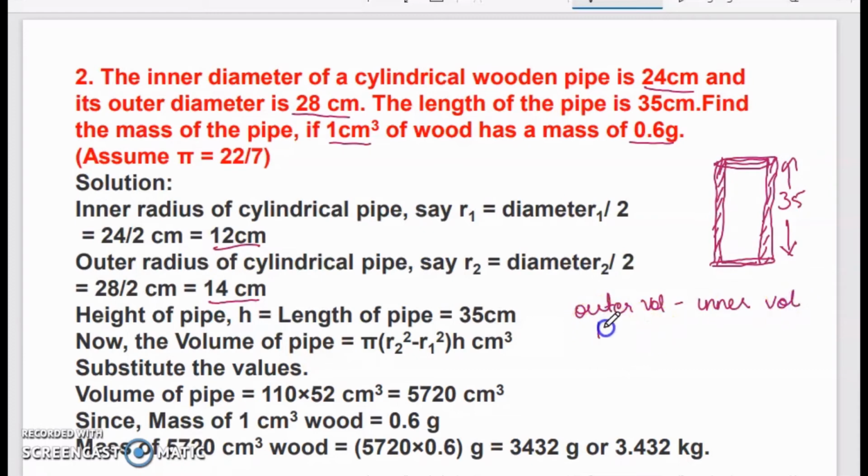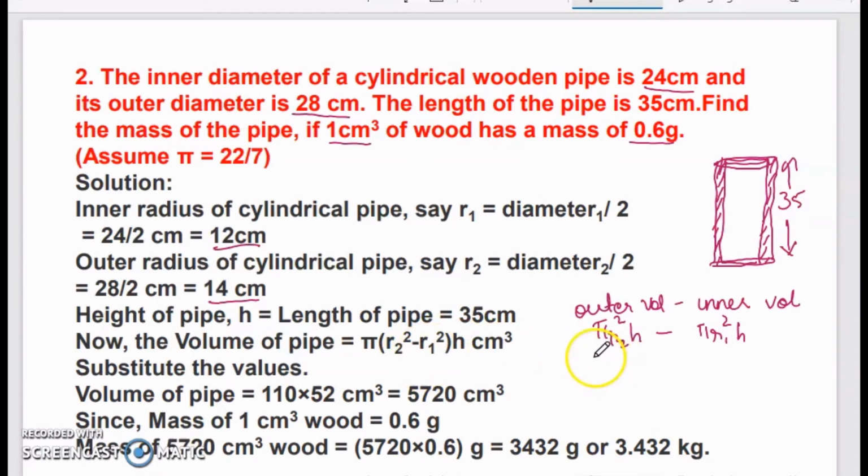Outer volume will be pi R2 square h and inner will be pi R1 square h. Now you can take pi and h common between these two. So you will get pi into R2 square minus R1 square into h. So you will substitute the values of R1 and R2 over here and you will find the answer.